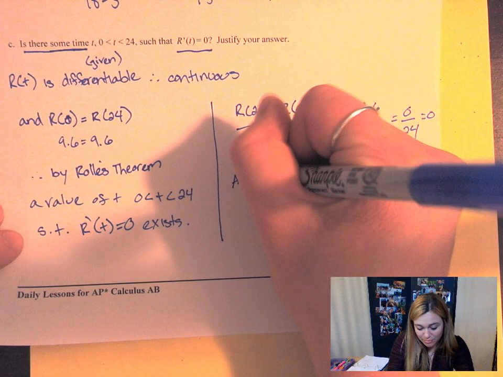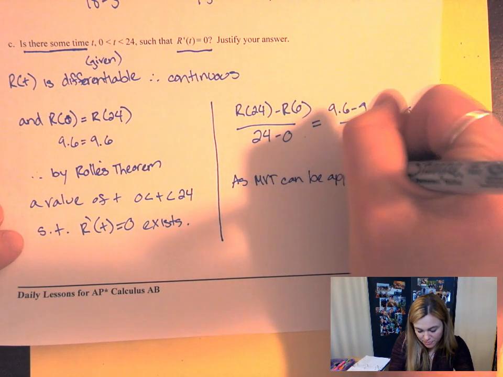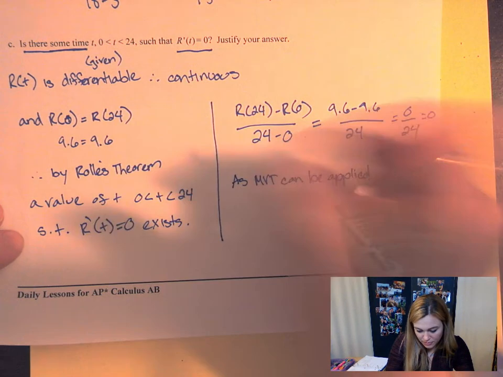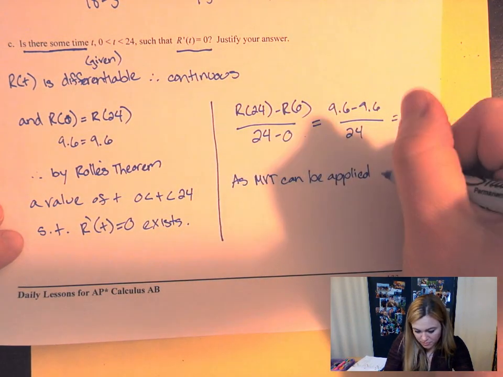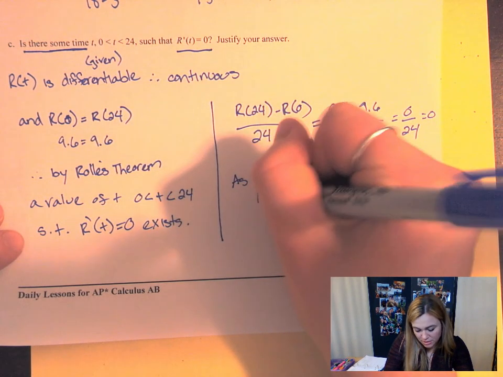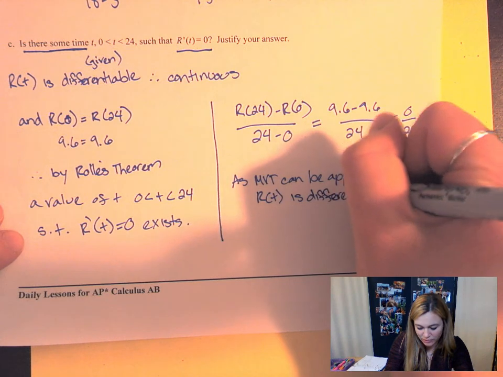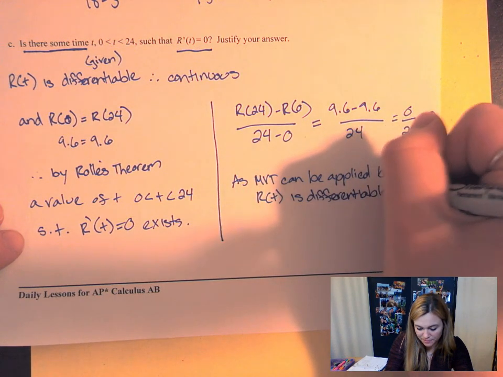As MVT can be applied because r of t is differentiable, therefore continuous. You wouldn't have to write this again, I just wrote it a little weird, so I was clarifying.